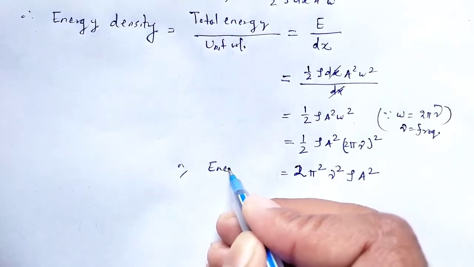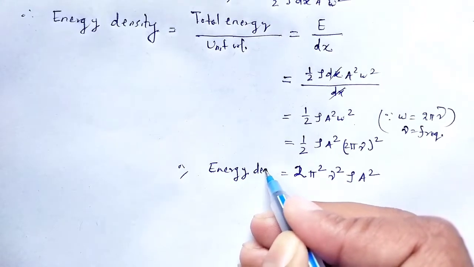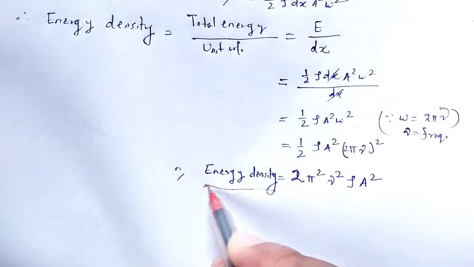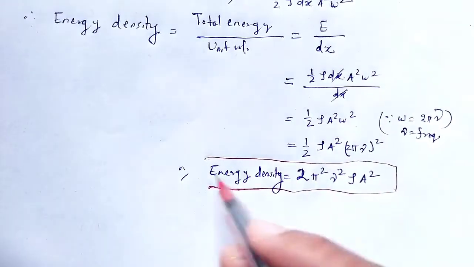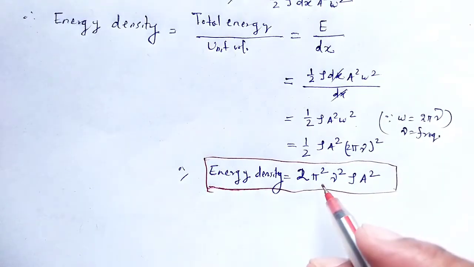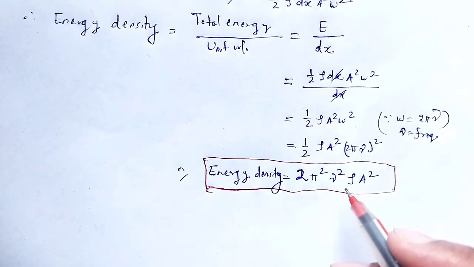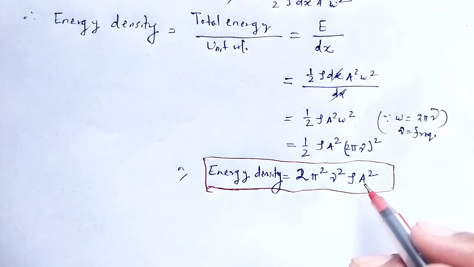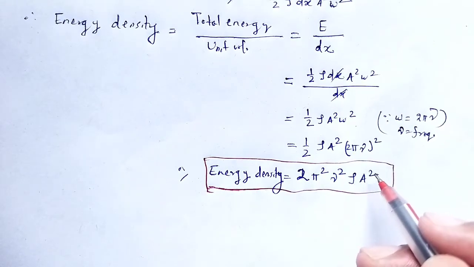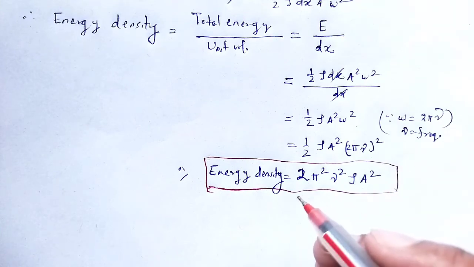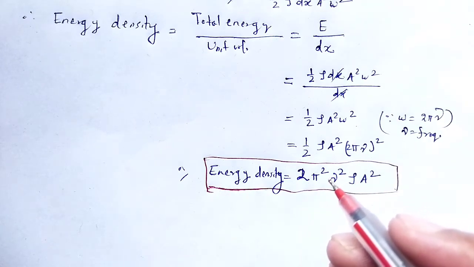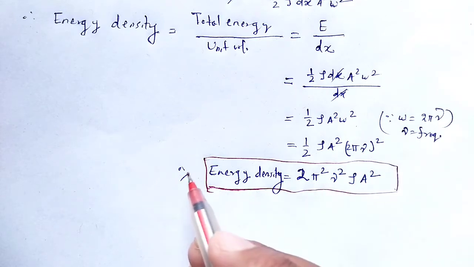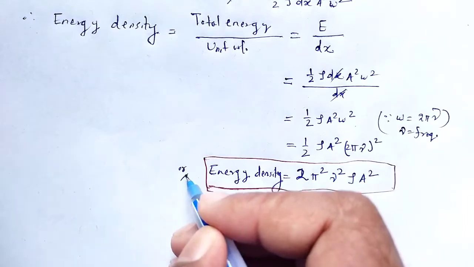That is the expression for energy density. So, energy density depends upon the frequency, density of the medium and amplitude, but it does not depend on x and t, the particular position and time.